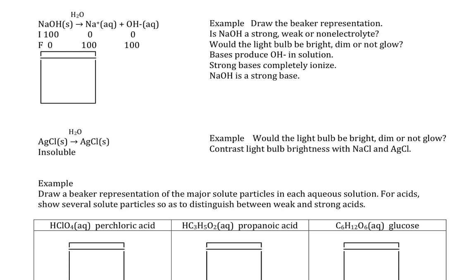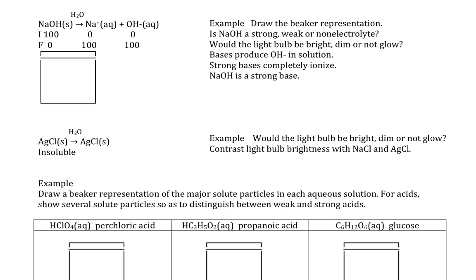So our problem here, and come back to it later, is draw the beaker representation. So what's in the beaker? Decide if NaOH is a strong, weak, or non-electrolyte. Would the light bulb be bright, dim, or not glow based on its electrolyte properties?